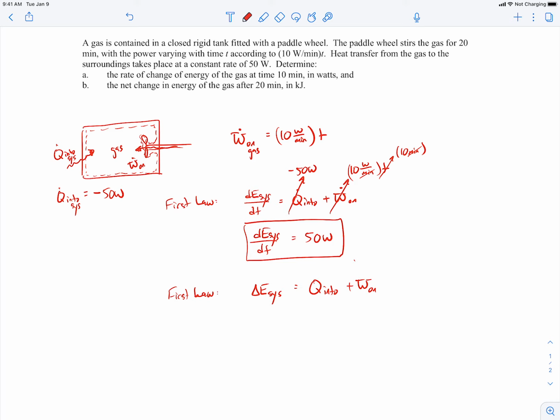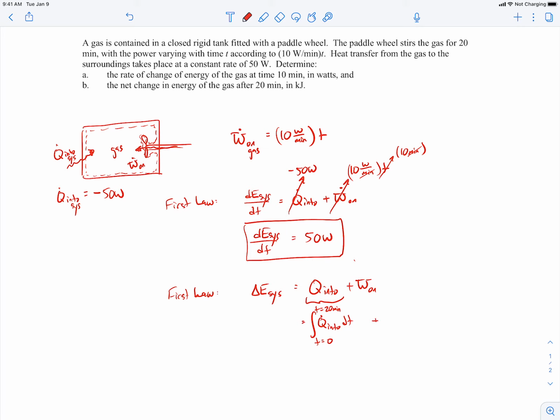And the way that we'll calculate both of these is we need to do an integral. So the total energy coming in via heat transfer over the 20 minutes would be just integrating the rate of heat transfer coming in over the time where t goes from 0 to 20 minutes.